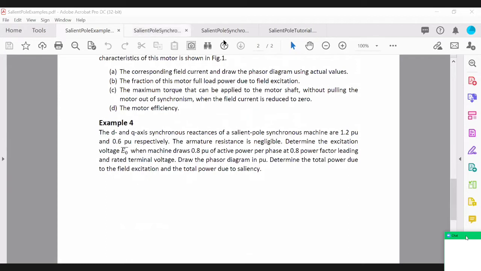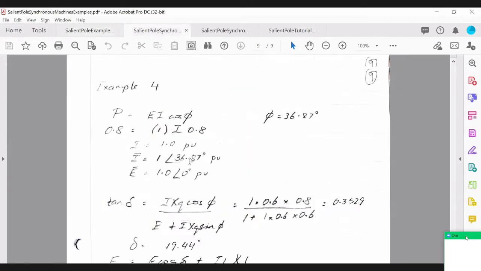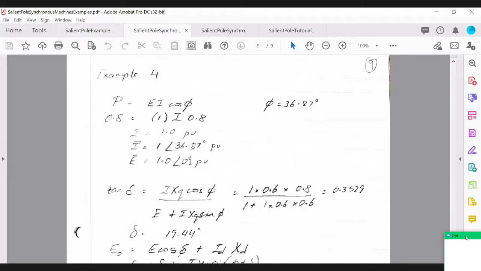Right. So as they've defined in the question, the active power drawn in this case is 0.8 per unit.